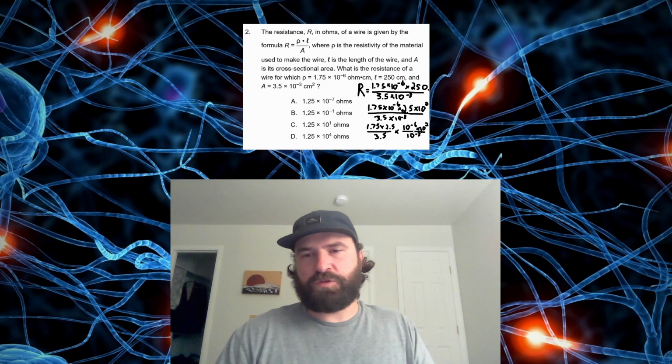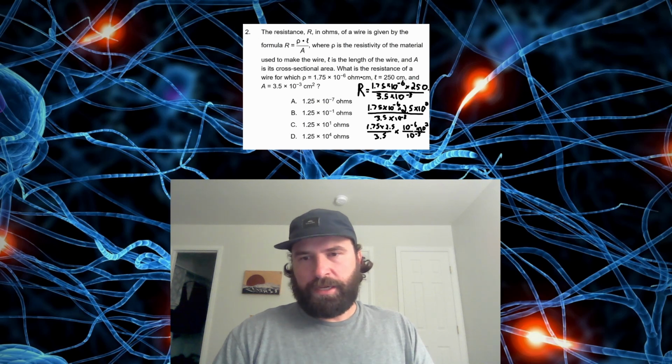With exponents, when you multiply things with the same base, you can add the exponents, and when you divide, you subtract the exponents. So up top, I can do some work with these tens, and so 10 to the negative 6th times 10 to the second is 10 to the negative 4th, and then if I subtract negative 3 on the bottom, I'm going to get 10 to the negative 1.